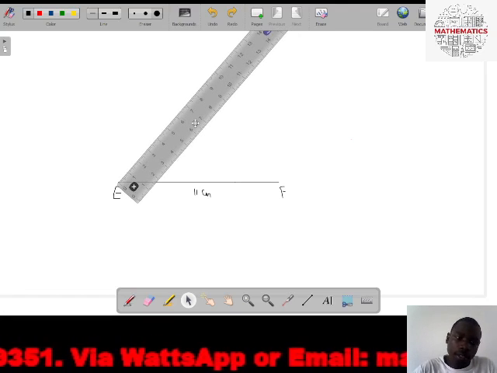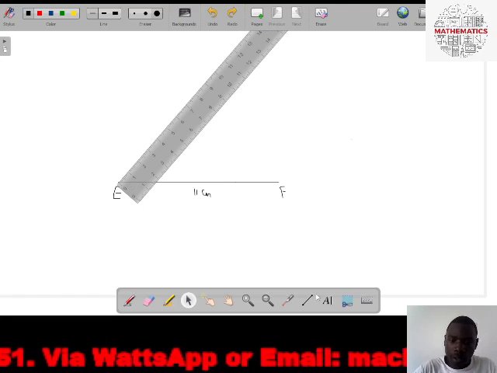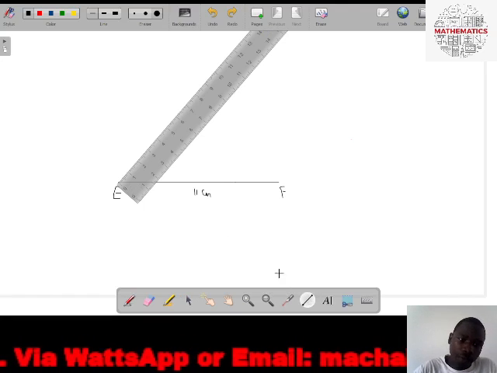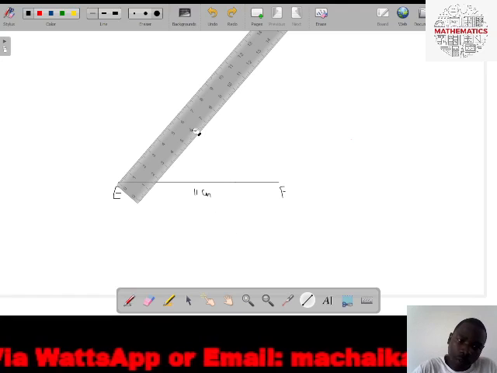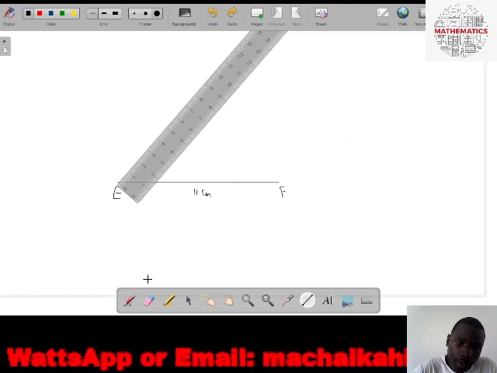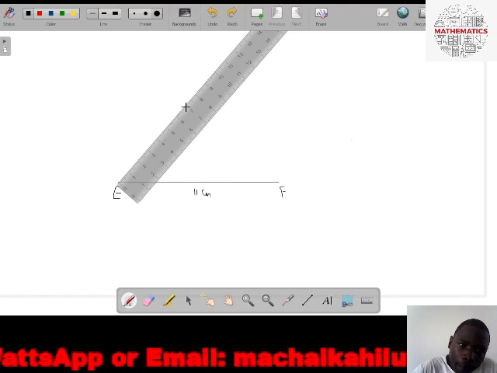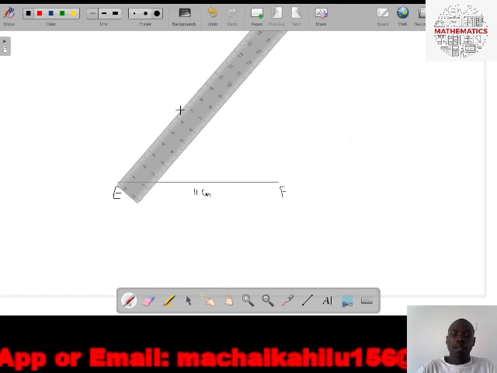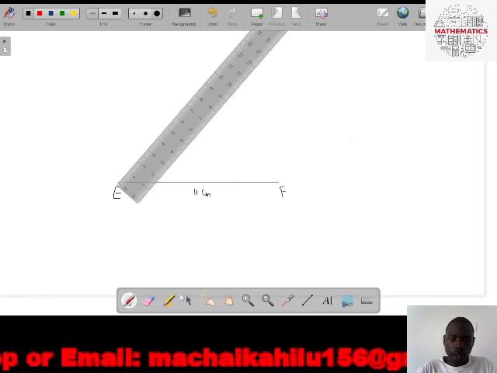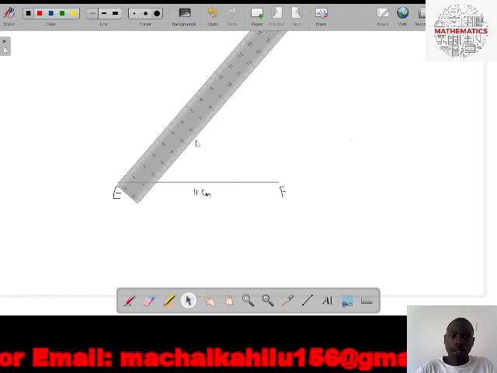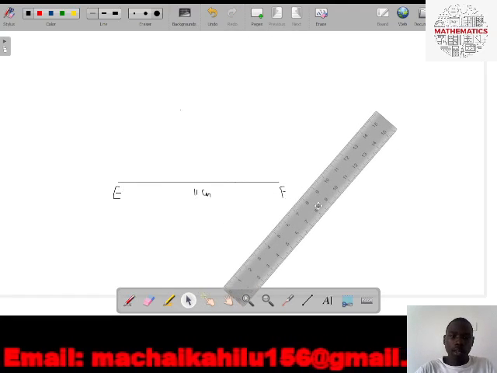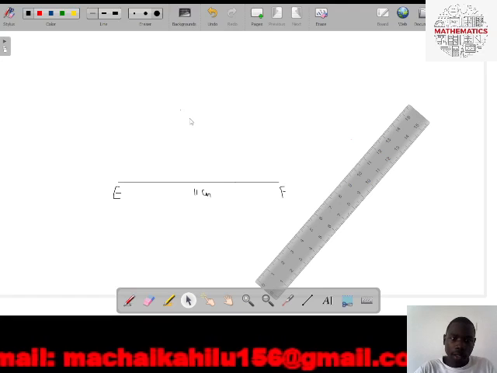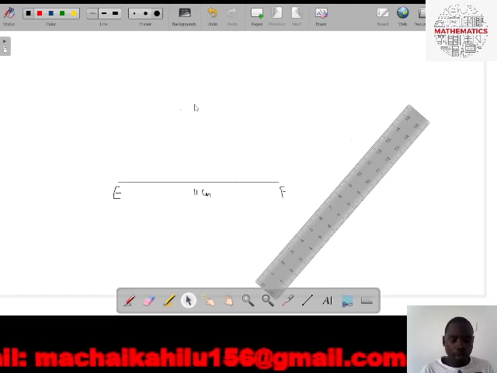So let me measure 6.5. 6.5 is here. See there. Hope you are able to see where I've put a dot there. Where there is a dot is where my 6.5 centimeter is.